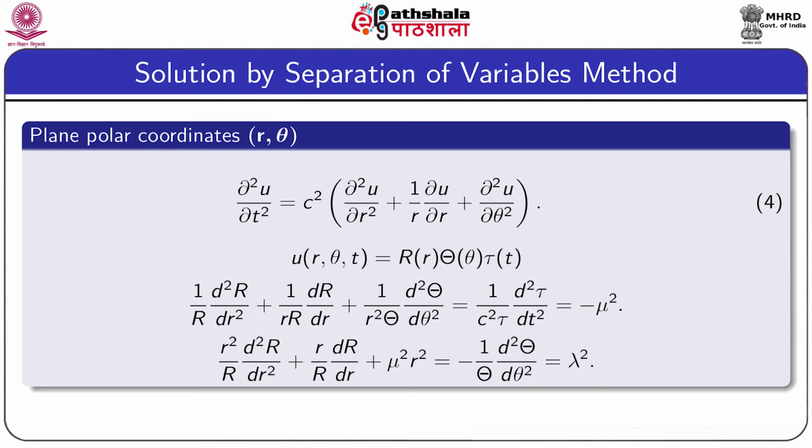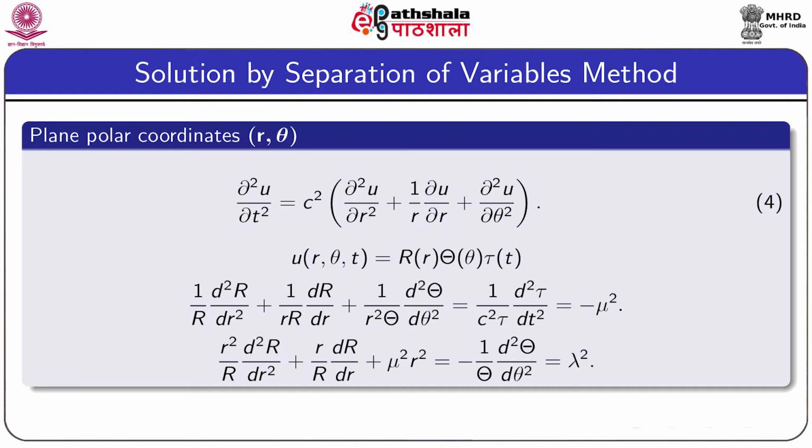Now, we are going to find the solution of the two-dimensional wave equation in the plane polar coordinate system. The wave equation in plane polar coordinate system can be written in the form given by equation number 4. Here we are using the same strategy, means we are using the separation of variables method to find the solution.